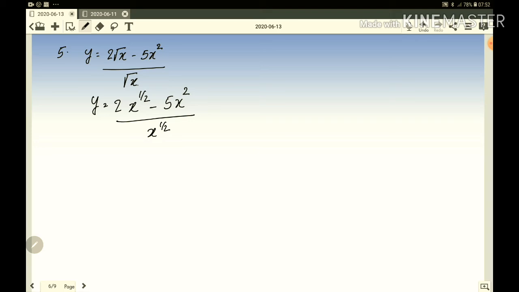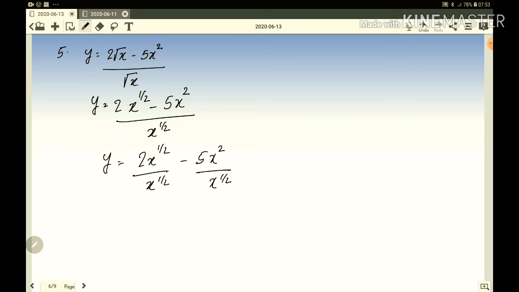Now the denominator, since we can see only a single term, a monomial, is there, so we can separate it. That is quite easy. That is y is equal to 2x to the power half divided by x to the power half minus 5x square divided by x to the power half. A single term is there in the denominator, just separate it, then do it.